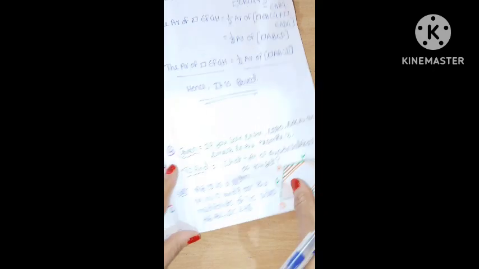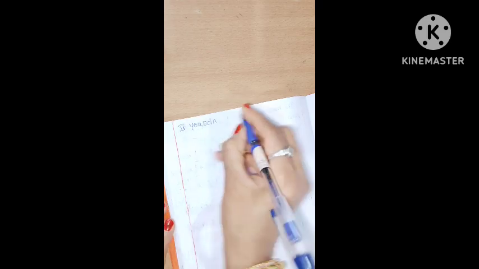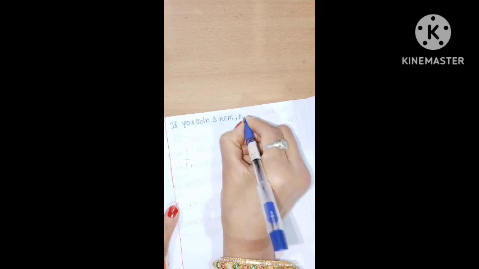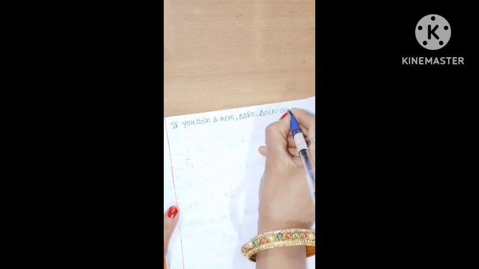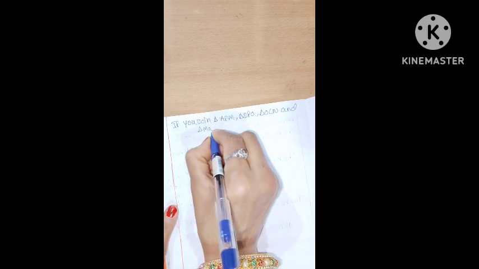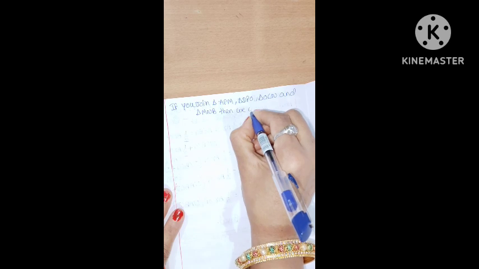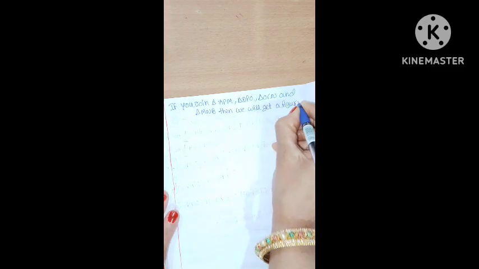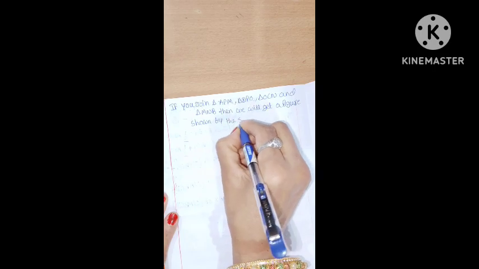Okay, if you join triangle APM, triangle DPO, triangle OCN and triangle MNB, then we will get a figure shown by the shaded region.